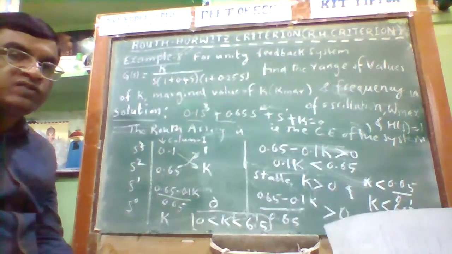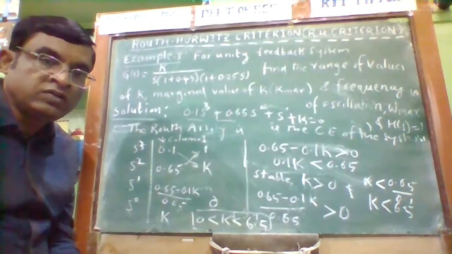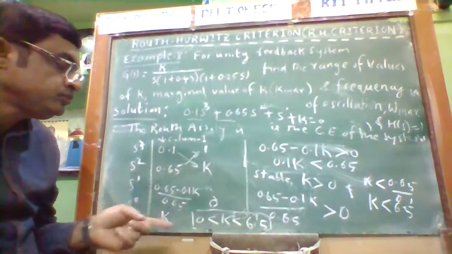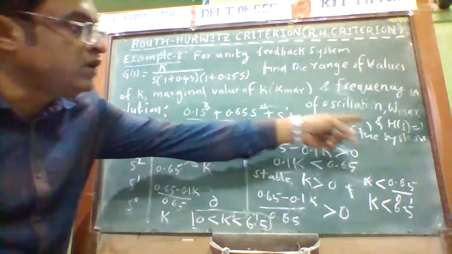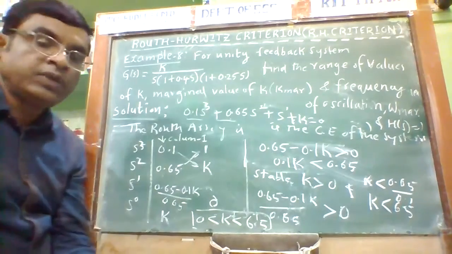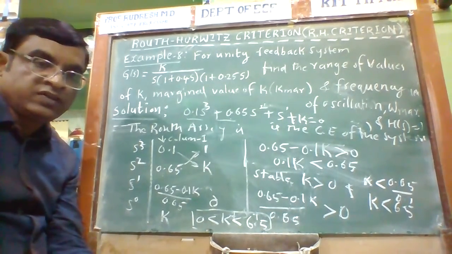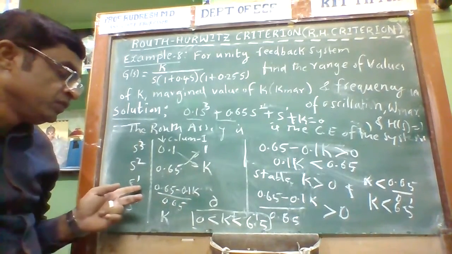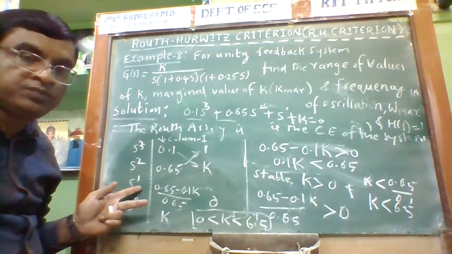To find the frequency of sustained oscillation, omega, consider the s power 1 row.